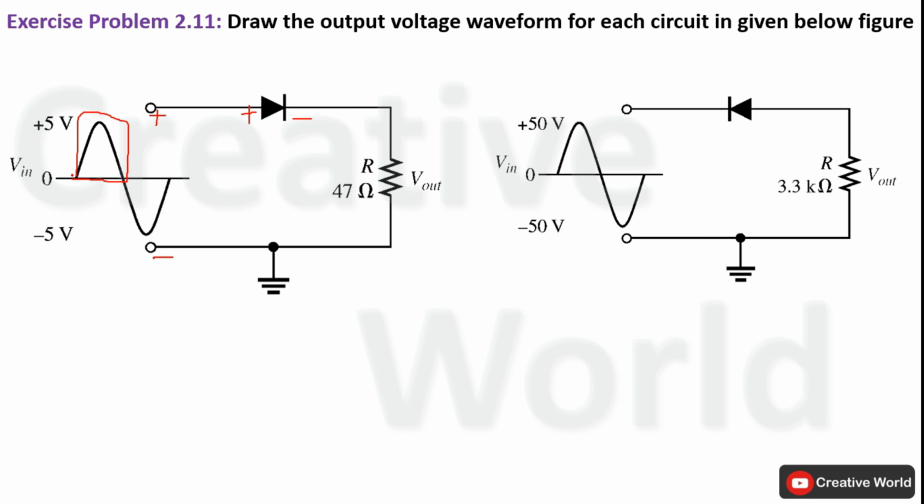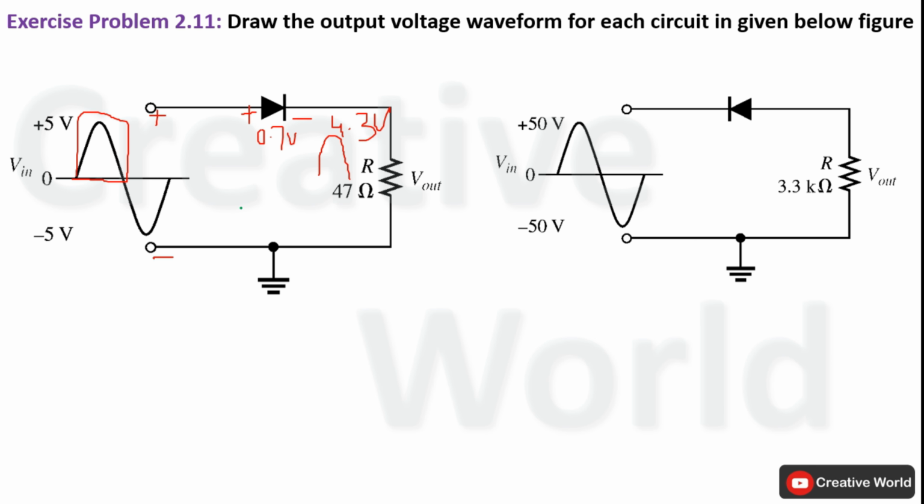So during the positive half cycle, we will get a rectified output voltage with a peak value of 4.3 volt. That is, the AC peak input 5 volt minus the drop of this silicon diode, 0.7 volt, gives 4.3 volt peak on the output voltage waveform.